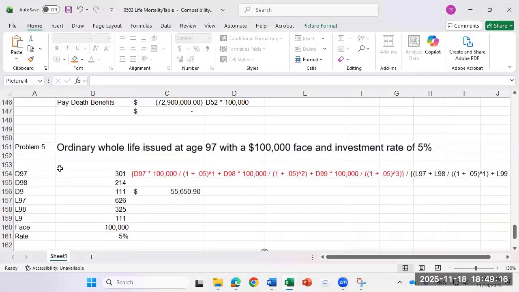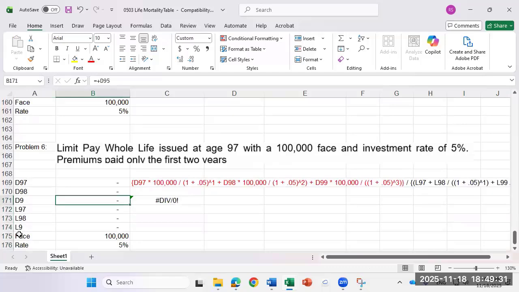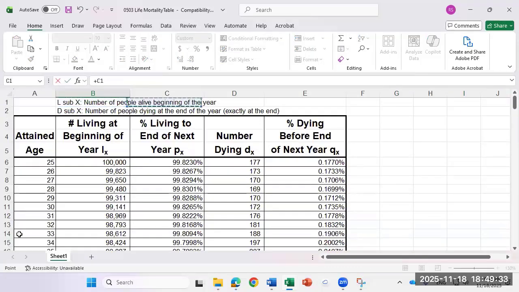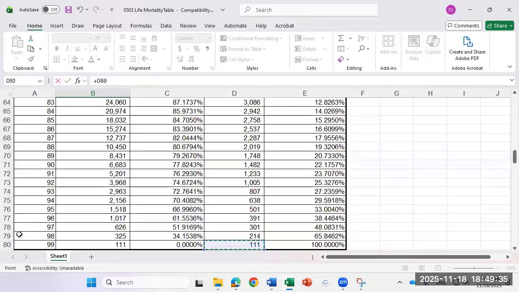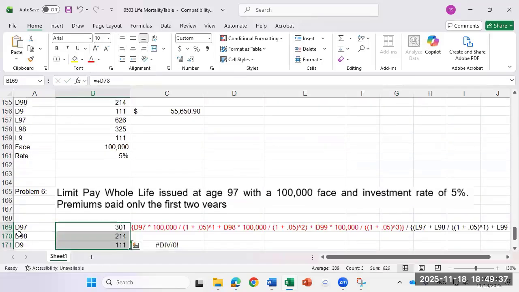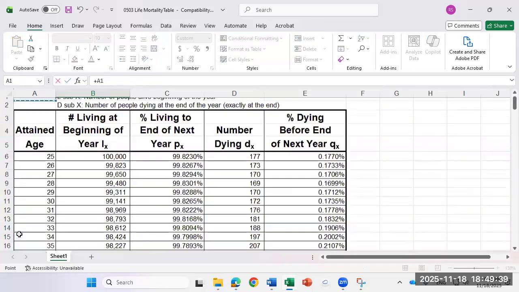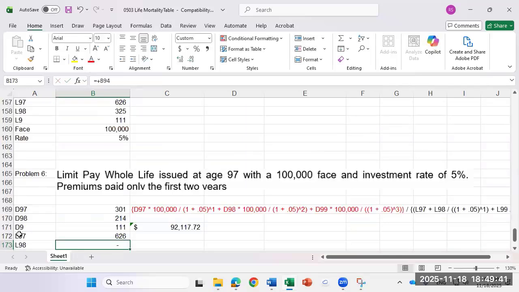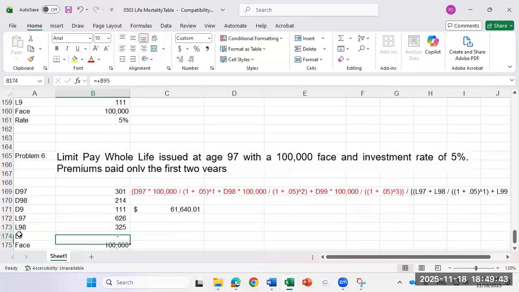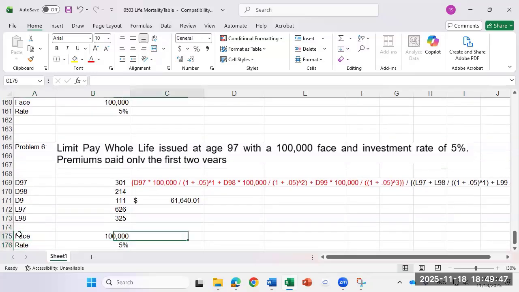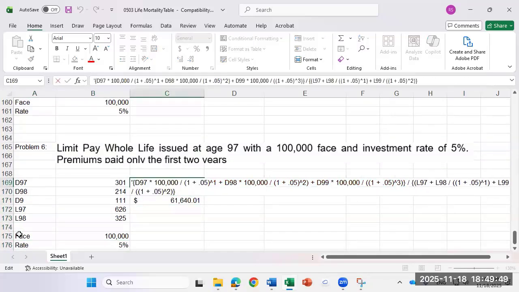It's the exact same problem we just did. We'll get D97, D98, L97, L98, but we don't need L99. So it's the same formula, except we take out this last premium payment.